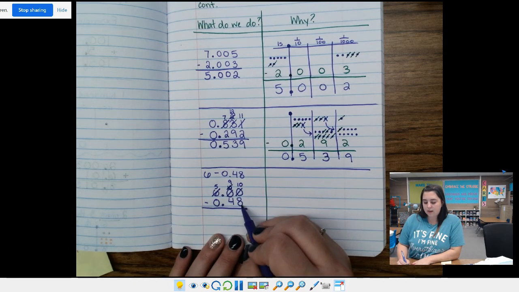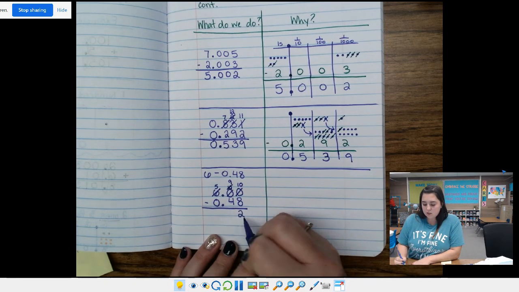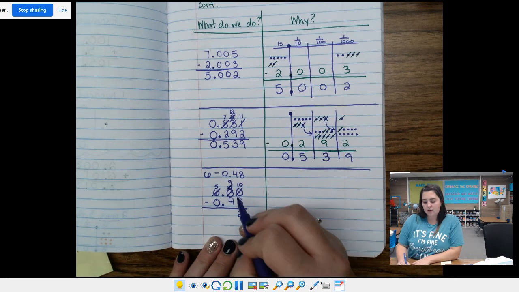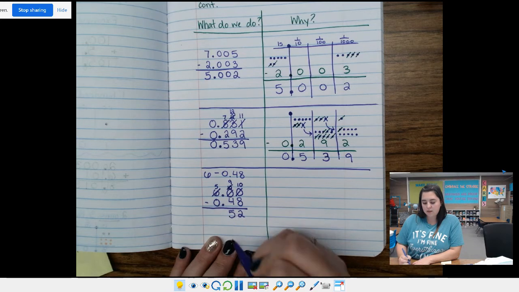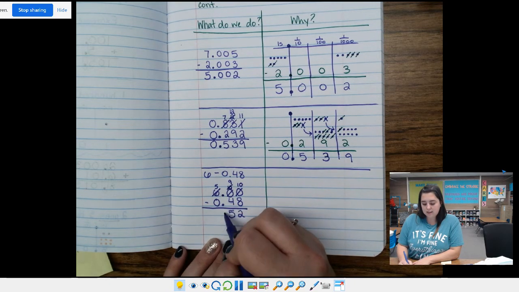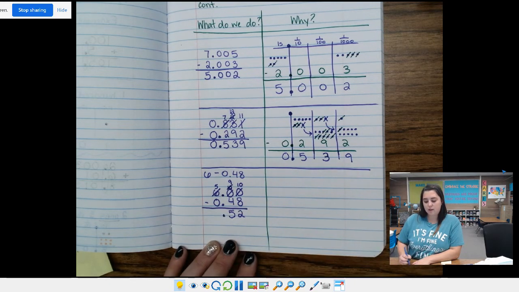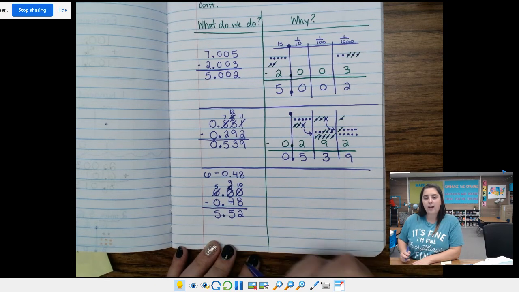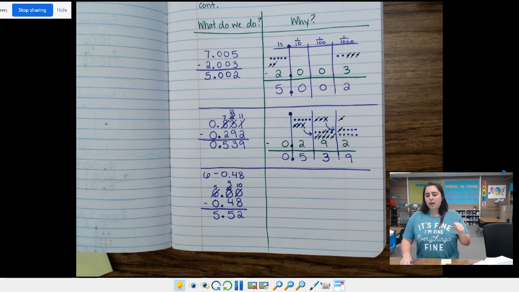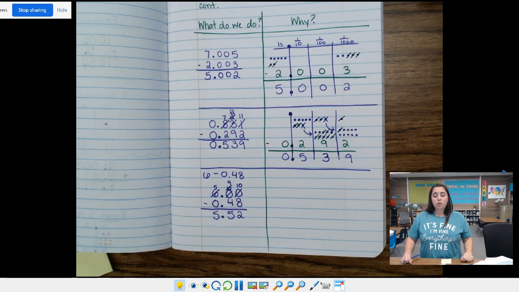10 minus 8 is 2. 9 minus 4 is 5. My decimals drop down. 5 minus 0 is 5. Do not forget to add your zeros. There is regrouping that needs to be done.